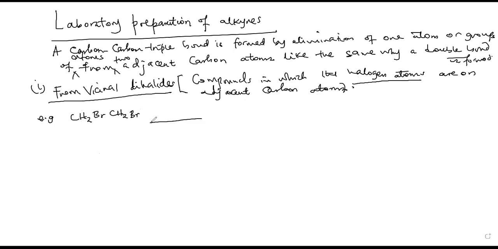To produce an alkyne, we treat these dihalides with excess potassium hydroxide in ethanol, and this proceeds by heat. Since you considered the compound with two carbons, you are going to produce ethyne, the alkyne with two carbons also.